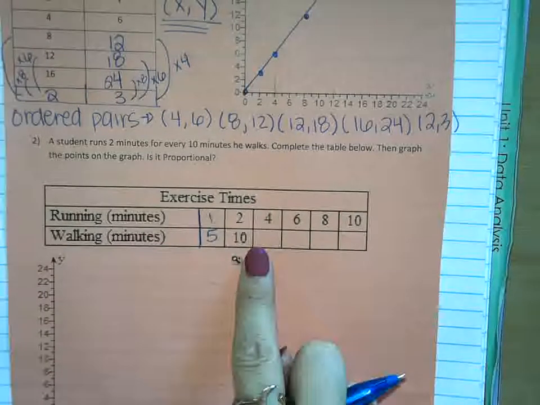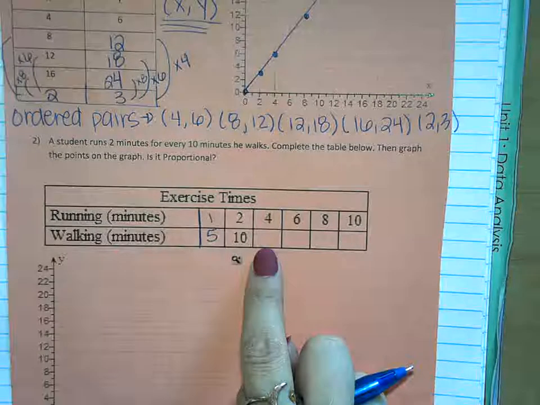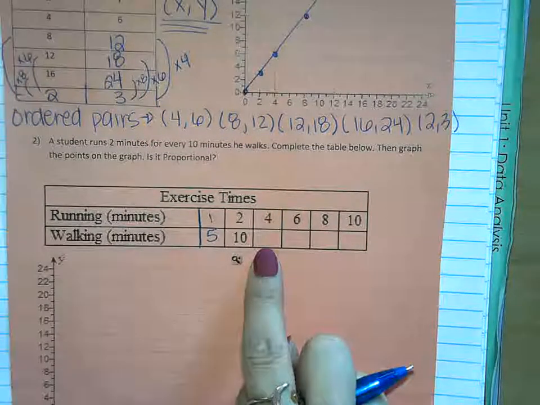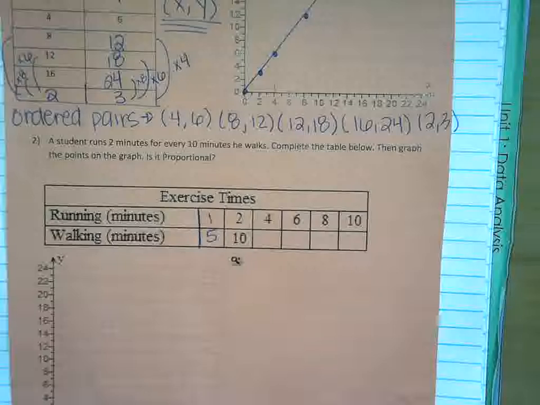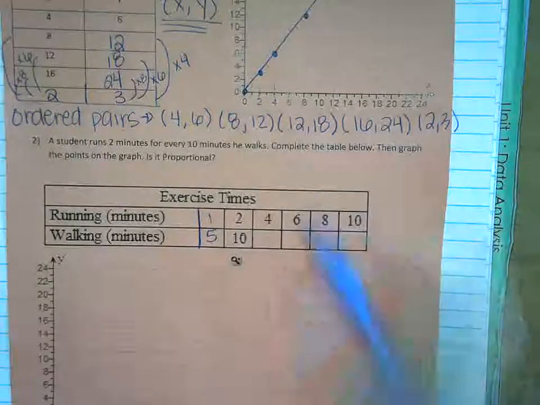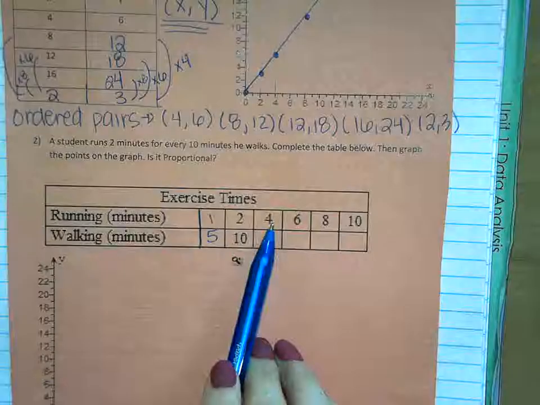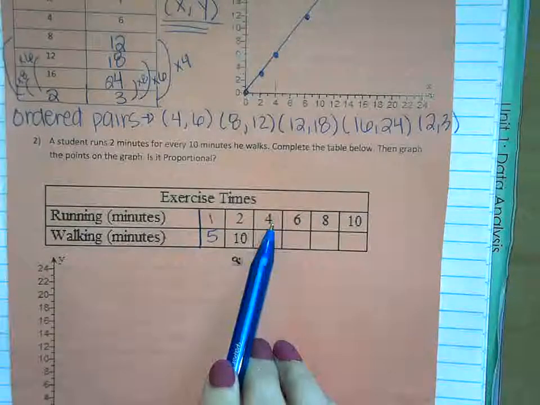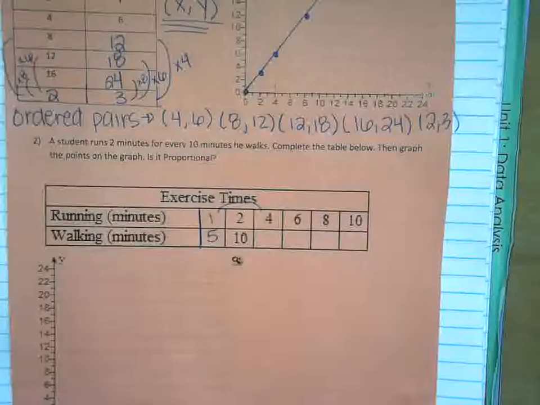So, Christian, what goes under the 4? How do I get from 1 to 4, bud? 1 times what gives me 4? 1 times 4.